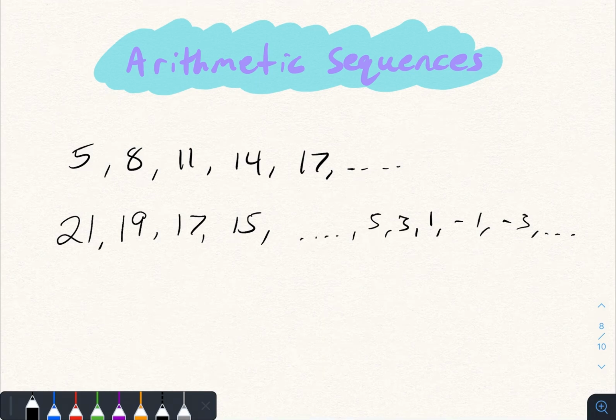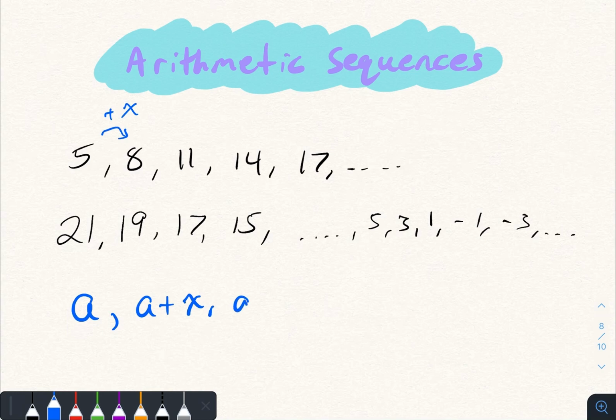time. Okay, so arithmetic sequences, they start with some number, call that number A, and if you're just repeatedly adding the same thing, call that X, I guess. Then your sequence is going to look like this. So A plus X, A plus 2X, A plus 3X, so on and so forth.